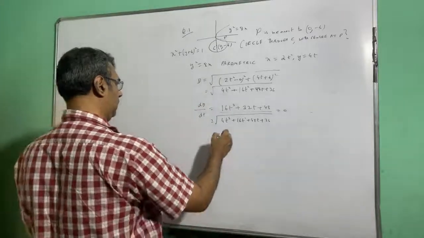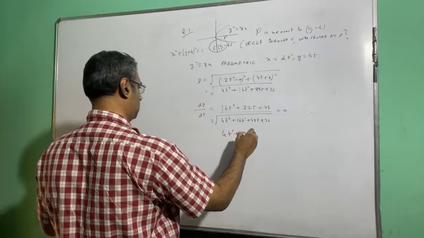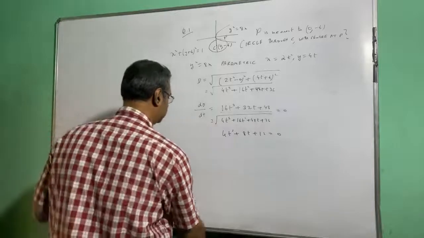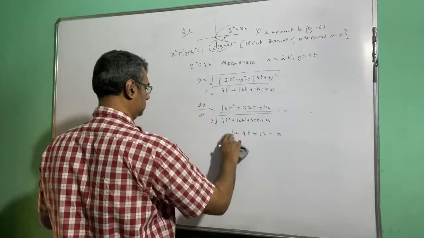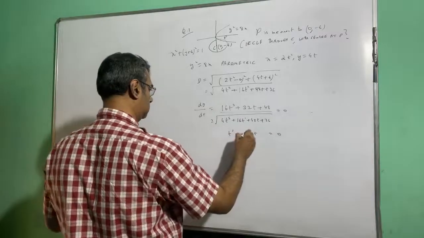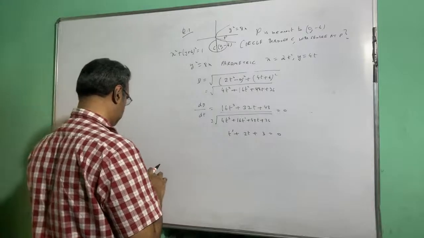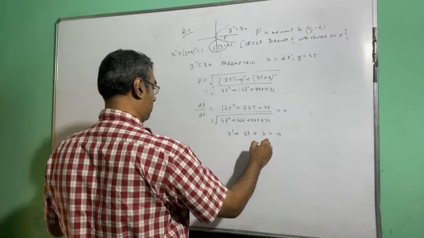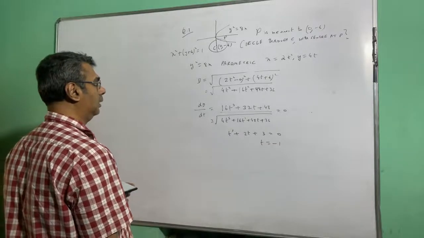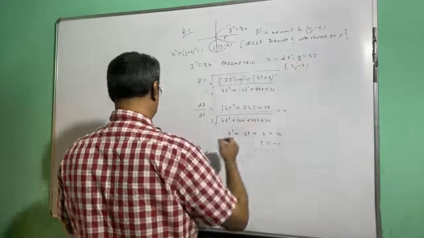So ultimately t cube plus 2t plus 3 is 0. So if you solve this, then t is minus 1. So if t is minus 1, then this point will be 2 comma minus 4.